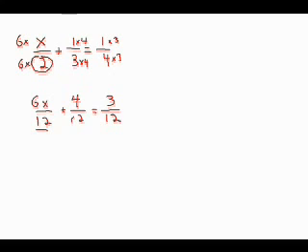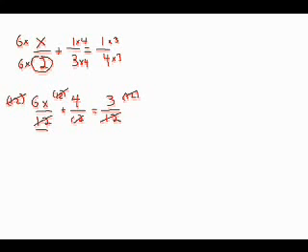As we saw with the previous example, if we wanted to get rid of over 12, we would times by 12. Well, the thing is, if we times one term by 12, we have to times every term by 12. By doing that, multiplying by 12 and dividing by 12 essentially cancel themselves out.